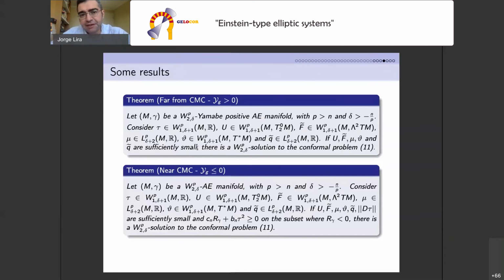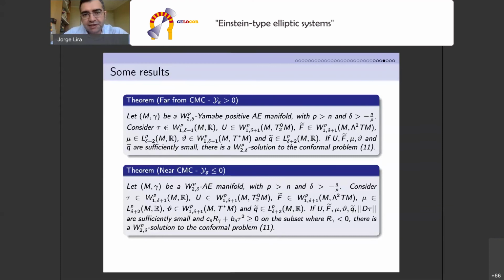But in this case, we are free to prescribe any mean curvature we want. So it's not necessary to assume that tau, the mean curvature, is small or is constant, or is near to being constant, but it could be far from being constant.